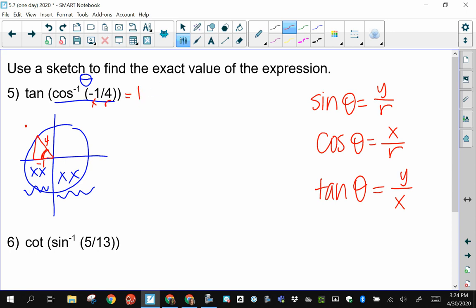What I'm going to do now is move on to the next part, and I have to find the tangent of that particular theta. And the tangent will be the y value divided by the x. We already have the x value. We don't have the y, though. We're going to have to find it. And you can do that using Pythagorean's theorem, unless, of course, it is a Pythagorean triple.